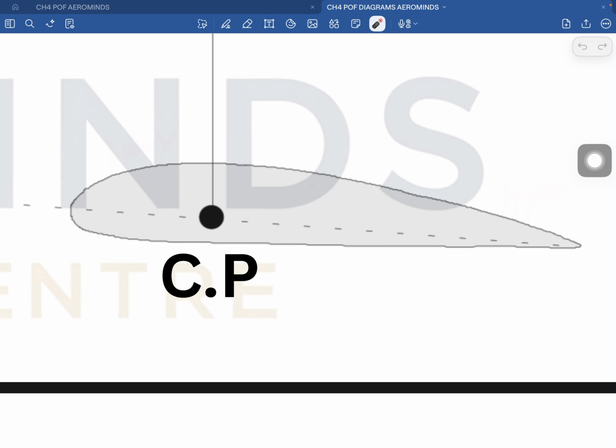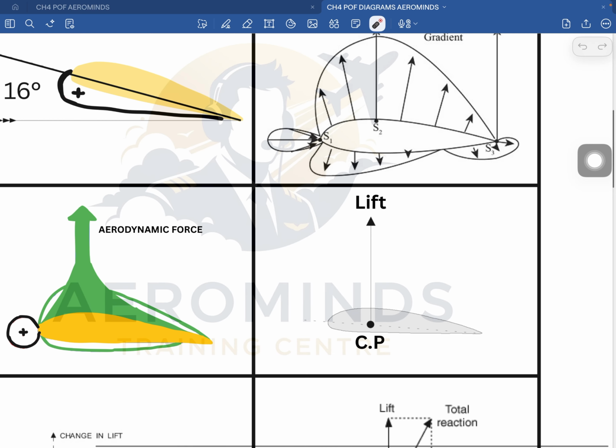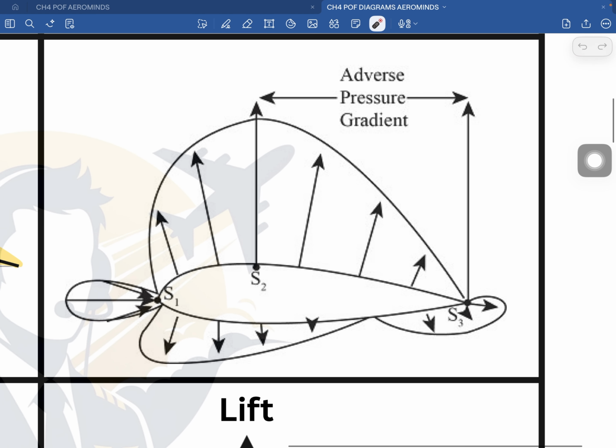A common example of this on a wing is the region between the point of minimum pressure on the upper surface and the trailing edge. On the top of the wing, the pressure reduces to a very low value somewhere near the front part. So we'll see a diagram for this: the adverse pressure gradient, the trailing edge, and the minimum pressure.